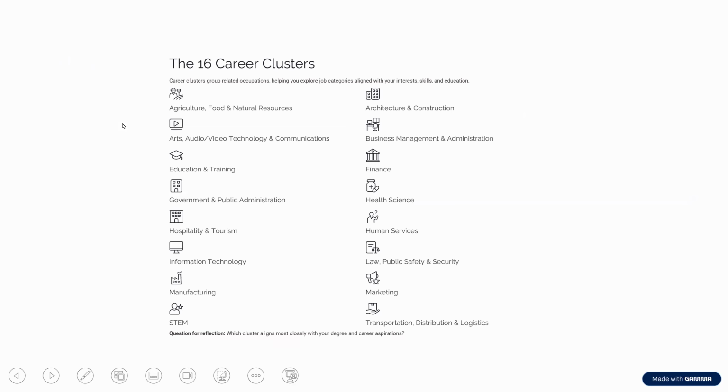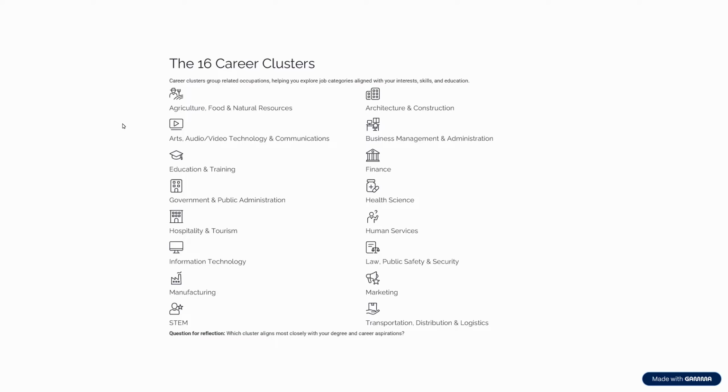Now, we are going to look at career clusters. When we talk of career clusters, what are we referring to?